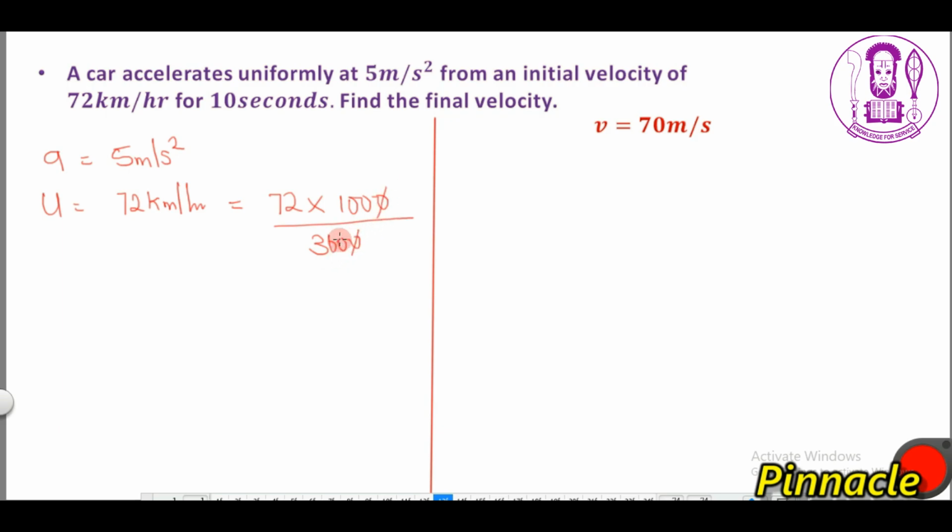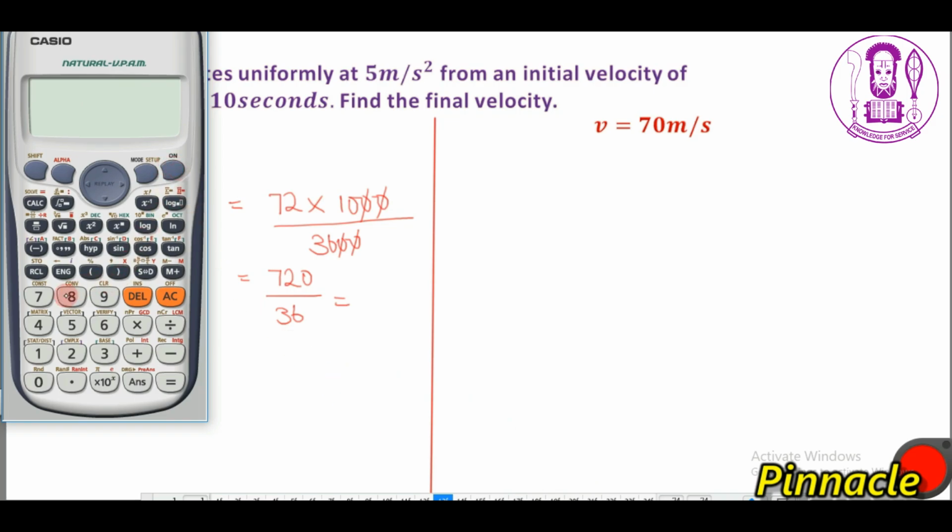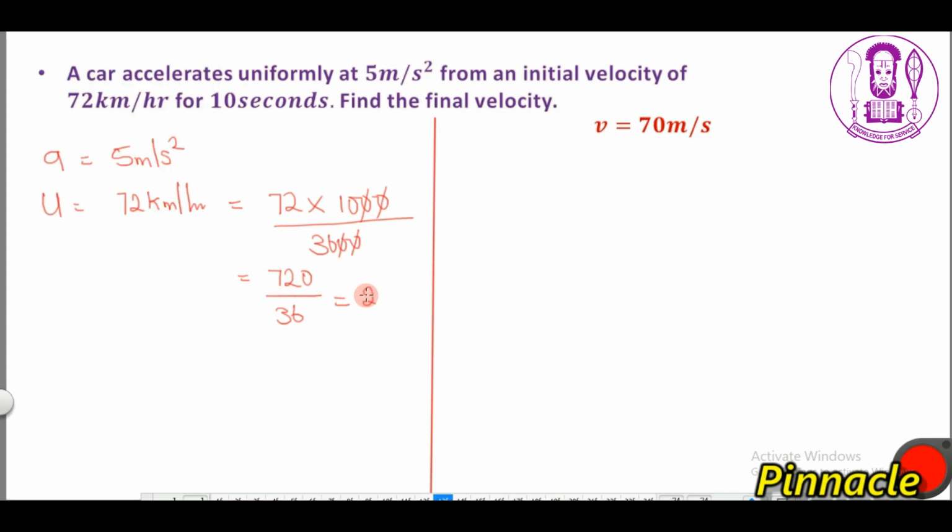So this 0 will cancel out this 0, and this 0 will cancel out this 0. 72 times 10 will give me 720 divided by 36. 720 divided by 36 is equal to 20. So this is 20 meters per second. Our initial velocity is 20 meters per second.